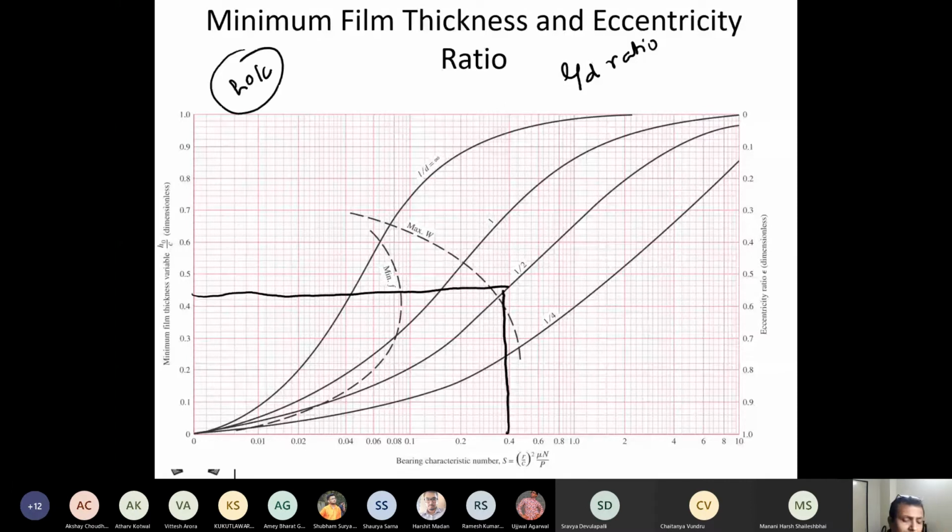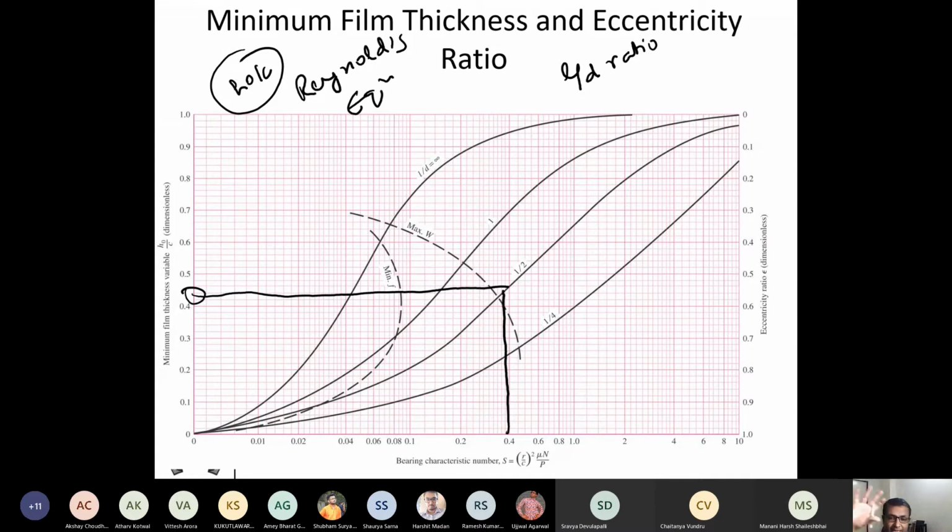These have come from people plotting the results by solving the Reynolds equations. Reynolds equations have been solved and people have plotted these results, and they have found out that H naught over C is this. C, we know, is the clearance, the initial clearance.